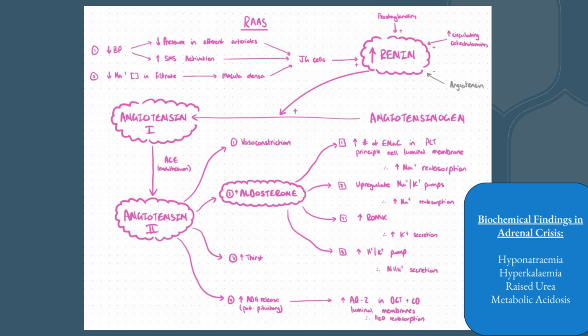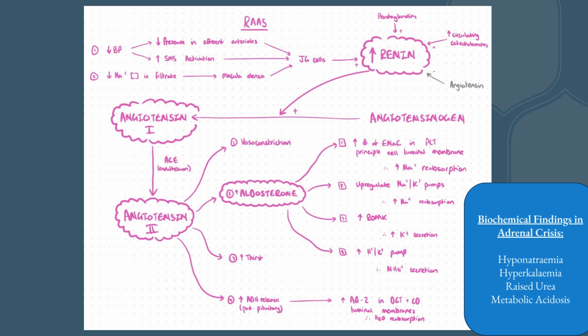And aldosterone itself has 4 major functions. You can see that it increases the number of ENaC channels in the principal cells in the luminal membrane of the proximal collecting tubule, and this causes an increase in sodium resorption from the urinary filtrate.